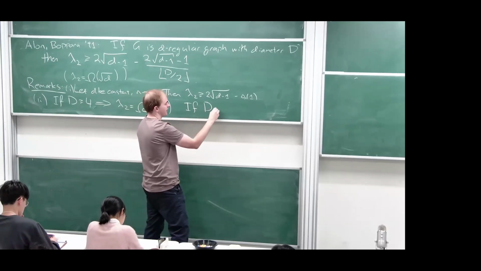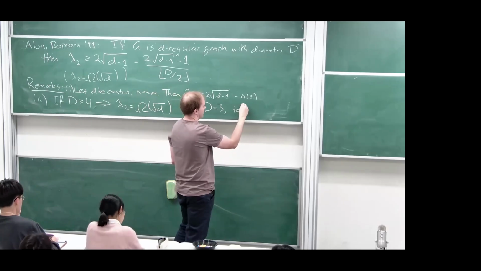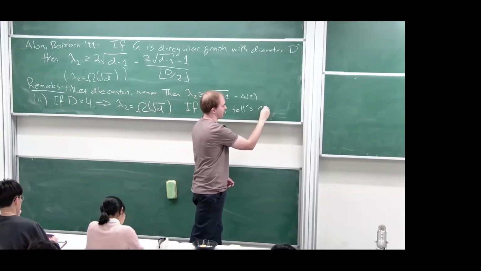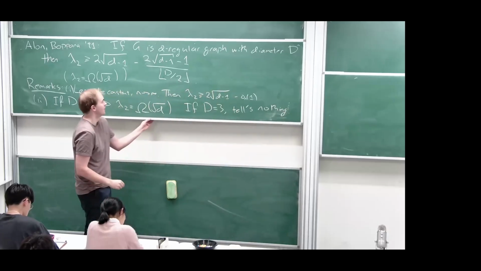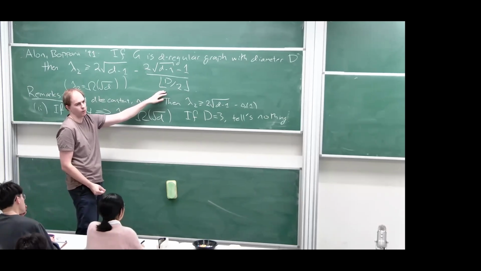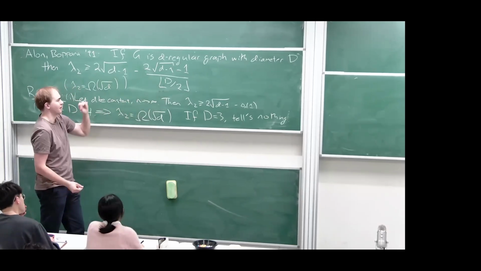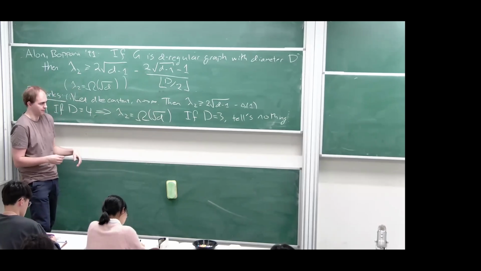But if the diameter is 3, this bound tells nothing, because the floor of D over 2 is now 1. So the main terms cancel and we are left with a constant. That's not particularly helpful.